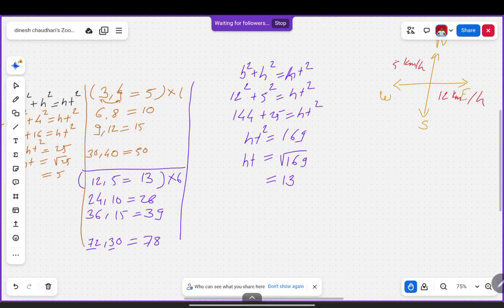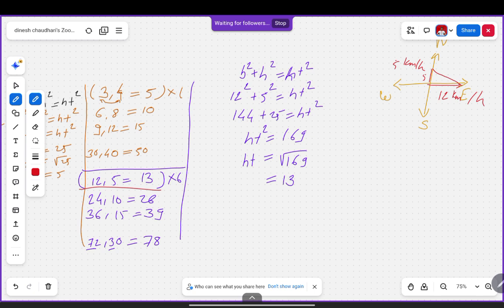If you look at our equation, this will cover 12 kilometers and this will cover 5 kilometers. So the distance between them will be, as per what we calculated, 13. But just imagine in a competitive exam you get a question like what will be their distance after 6 hours.